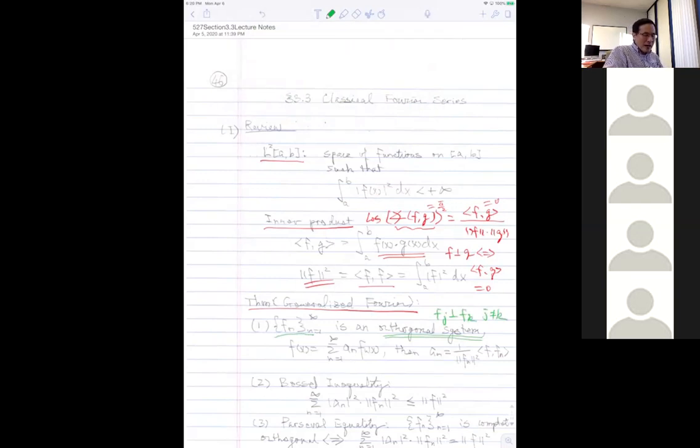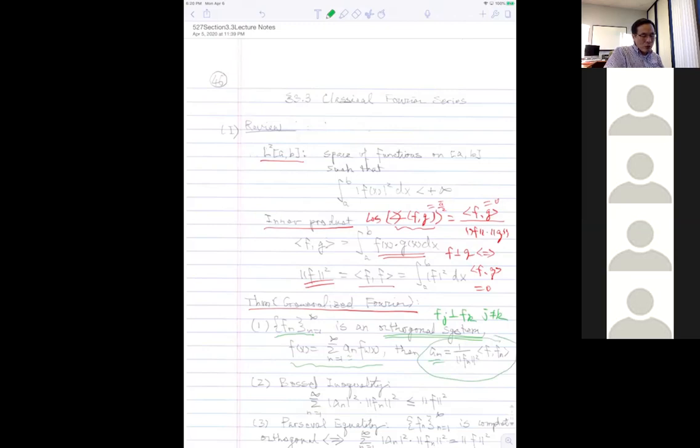Then, if a function is written as an infinite series involving this system, where the a_n are constant scalar coefficients, these coefficients are given by these formulas.